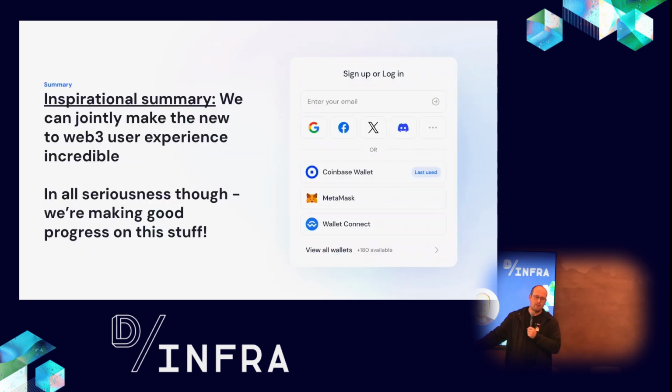And with those, I will end with obviously the regular inspirational message, which is we can jointly make the Web3 experience great. But in all seriousness, we are making progress on this, right? So we are starting to see, again, coming back to this crypto-enabled stack, entire companies being built that use crypto rails without a customer ever knowing that it's crypto. We're seeing this across RWA. We're seeing this across stablecoin finance.